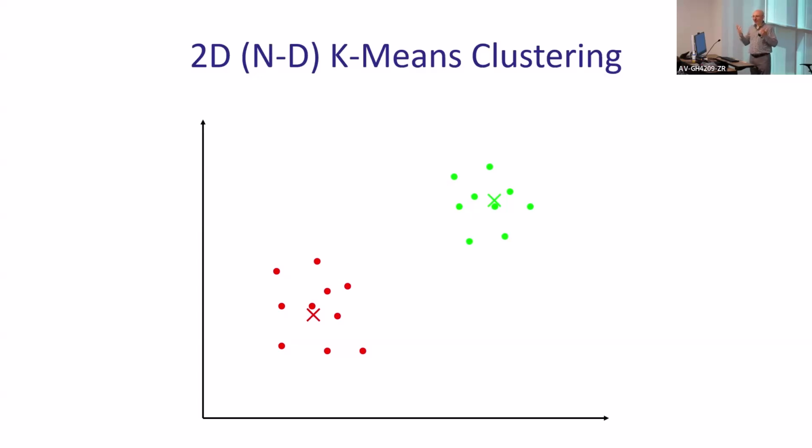Vectors generalize to any number of dimensions. So these dots might be in n-dimensional space, which is difficult to visualize, but it doesn't matter really. You don't need to visualize anything in 5 dimensions. You just compute the same algorithm, and then you get clustering of any number of points.